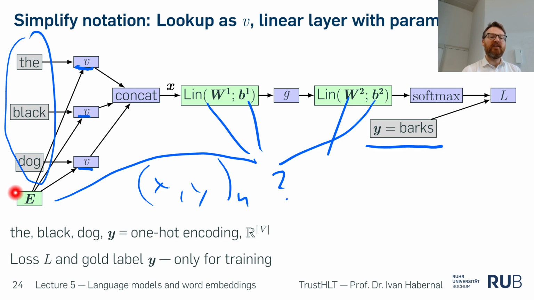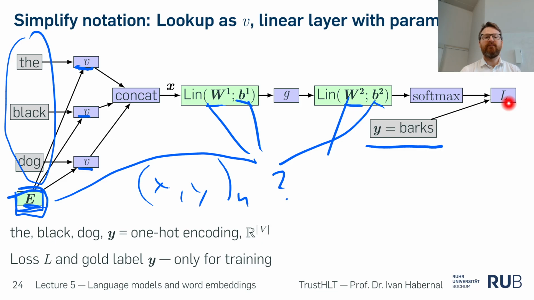I will start learning some good parameters of E, and the loss overall will go down. Which means I learned how to predict the next word after seeing this by learning these parameters, the projections, and the embedding parameters as well. So after this training I will learn some very good representation of words. This is cool. I'm going to learn how to create this passport for the words. I'm going to learn how I should describe the word black so that in this configuration it can predict the next word.